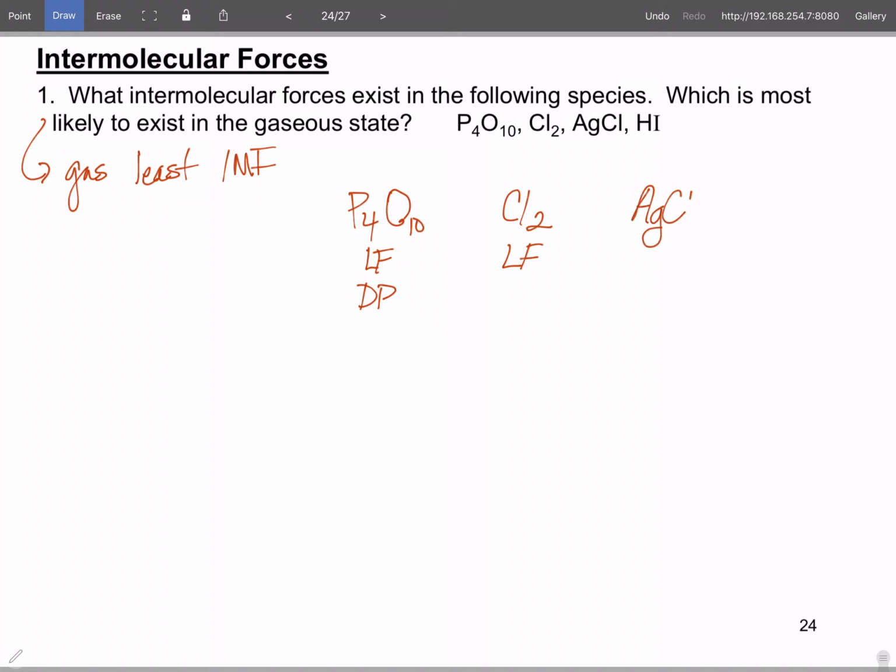Silver chloride, on the other hand, silver is a metal, chloride is a nonmetal. So wait, this is a salt. And remember, salts don't have intermolecular forces. HI is molecules, so it's got London forces.